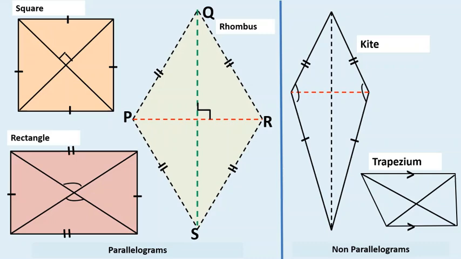Then draw using a scale. Sides are to be drawn. So PS, RS, RQ, PQ, all that to be drawn later after the plus is drawn. Plus means diagonal. First diagonal to be drawn. Perpendicular diagonals. So surprisingly, you will get all the sides equal when you do like this.